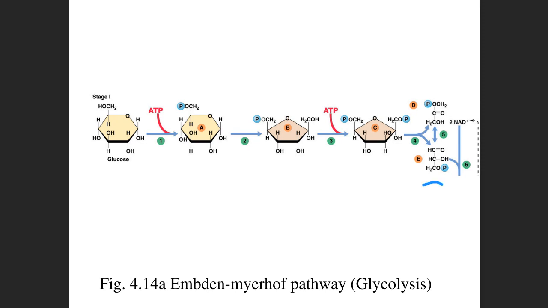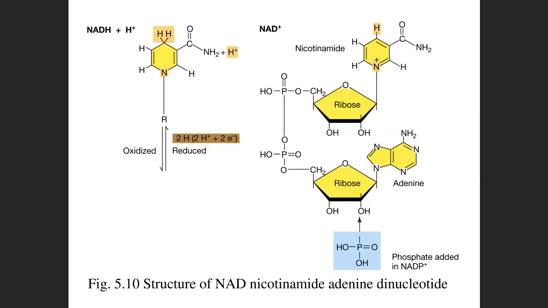So you have two 3 carbon molecules. Then the next stage, for this reaction to happen, you have to have oxidation. So NAD is the one that takes on the electrons, and you're going to see this NAD, NADH coming up again and again. So this is a very important molecule.